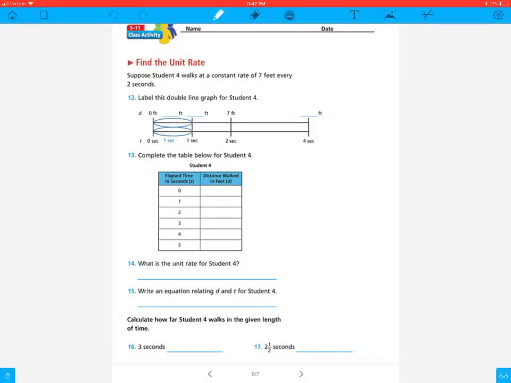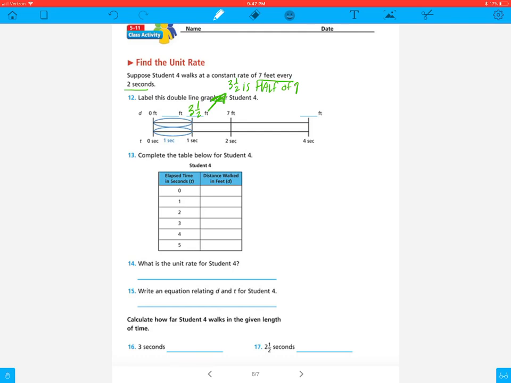Wow, these students love to walk, or actually maybe they just love to take their rate for their walking. Either way, this feels really above and beyond what normal things happen. So after 2 seconds, they walk 7 feet. So now I gotta think, what is halfway between 0 and 7?